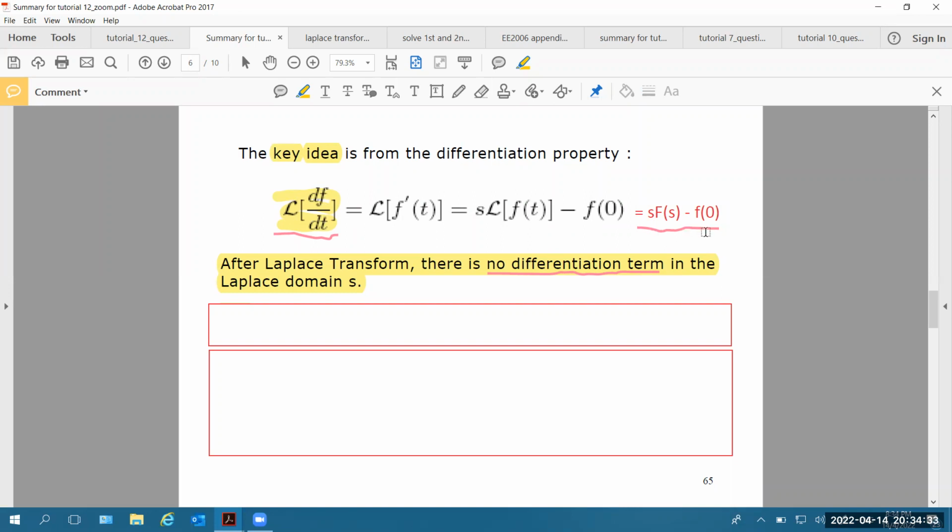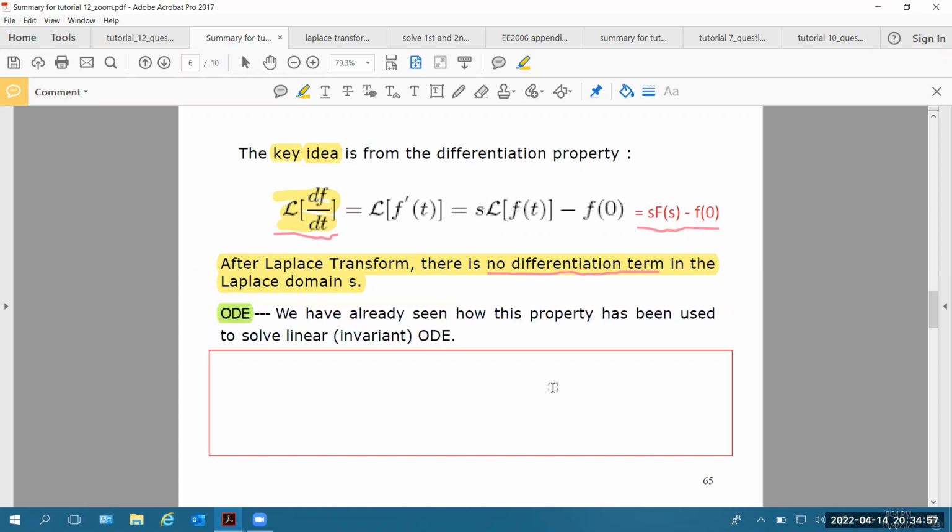So you find that after Laplace transform, in the s domain, there's no differentiation term. You don't have the d/dt anymore. So it looks like the Laplace transform can remove the derivative term. This is the idea behind it.